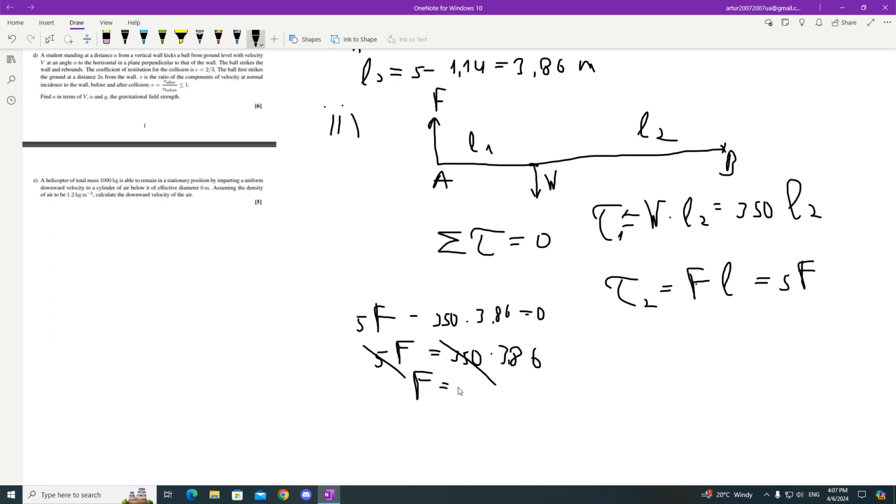F is equal to 350 times 3.86 over 5, in newtons, because it's newton meters over meters. So it's approximately 270 newtons. So that's it.